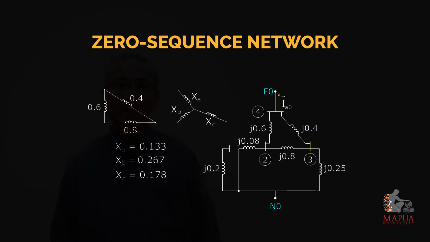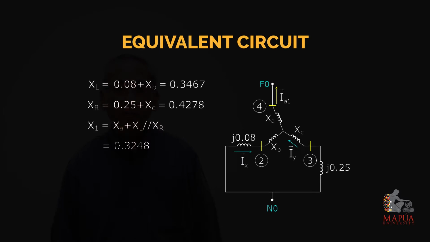After converting the reactances from the delta connection to Y connection, we can now compute the left-hand reactance to be equal to 0.08 plus XB, which is 0.3467. For the right-hand side, that will be equal to 0.25 plus XC, equal to 0.4278.